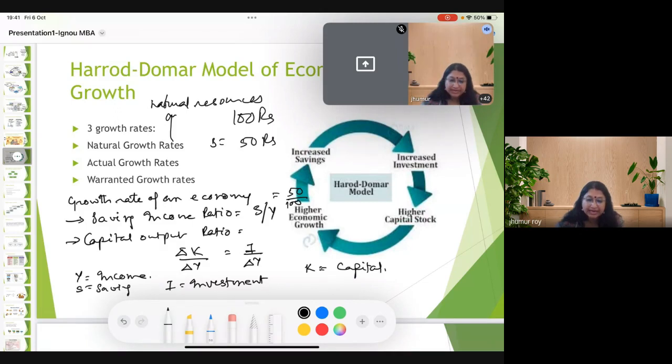The second is the actual growth rate. What is actual growth rate? It is in terms of saving and investment. How saving and investment is taking place will tell you about the actual growth rate. When people start saving more and investing more, that means the economy is doing well. If there is no saving, that means it is a poor country.